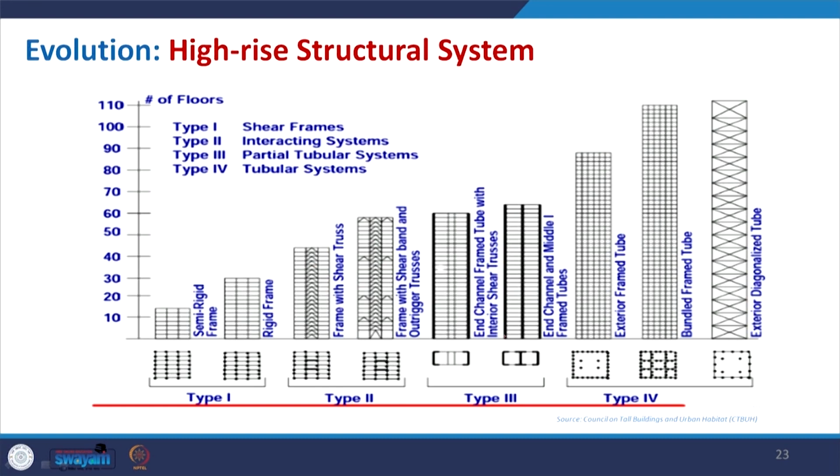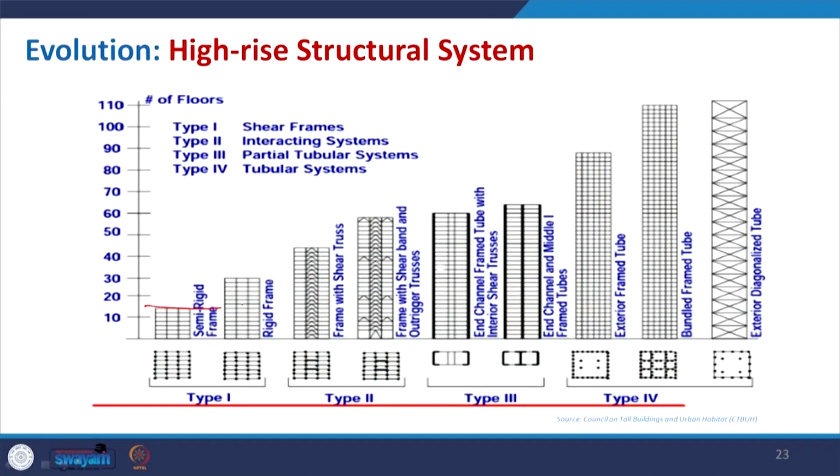Then we can go with your partial tube, where you can see that with the shear wall, this portion is made as a tubular section, and then we can go for the perfect tubular system, and also with the bracing, and then we can make some combinations. With structural complexity, you are able to increase the height of the building.